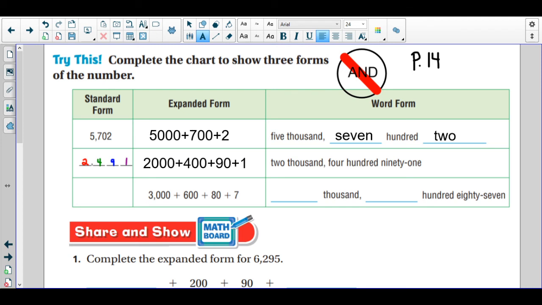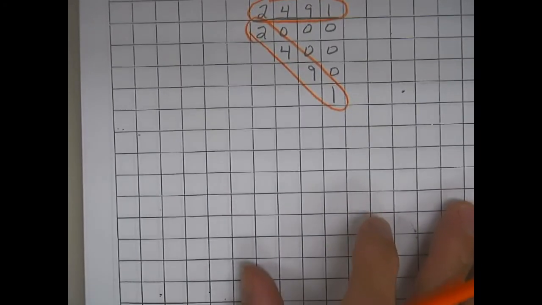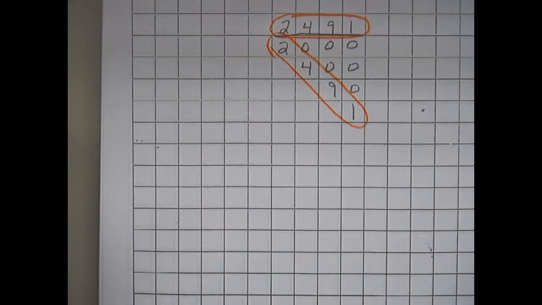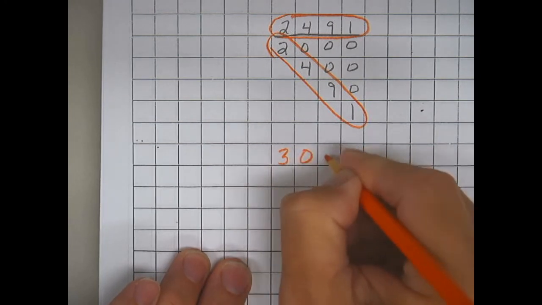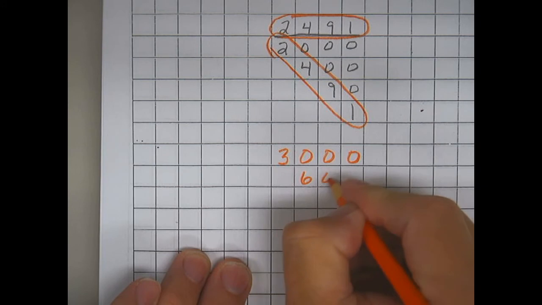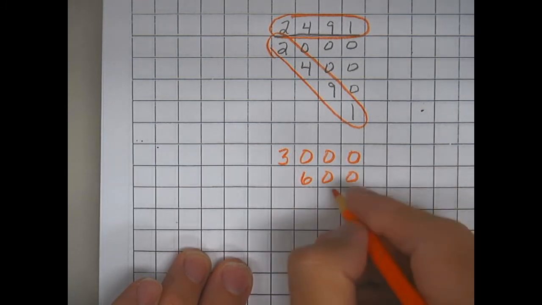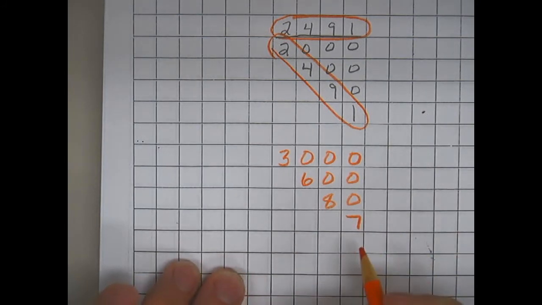Well, there's also a way that we can use this number right here to make sure that we put it in standard form correctly. So what we had was 3,000, 600, 80, 7.